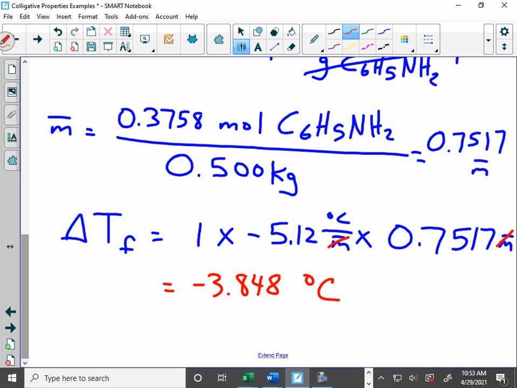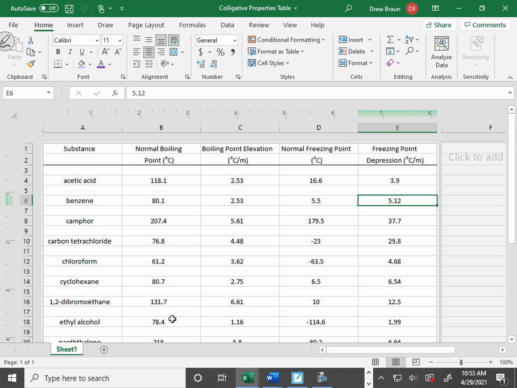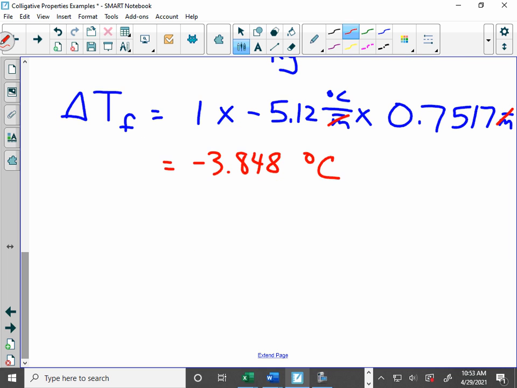Now, once again, I am not finished, because this isn't my new freezing point. This is how much my freezing point decreased. So I need to go back to my chart, and I need to find my freezing point of benzene, which is 5.5. So I'm going to take 5.5, and I'm going to subtract from it 3.848.